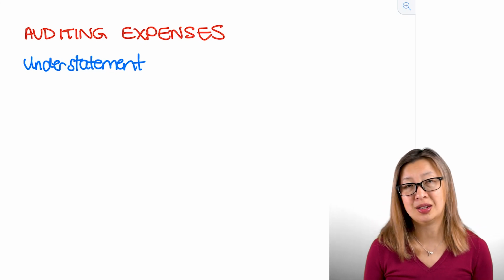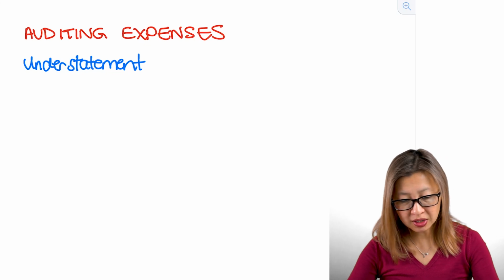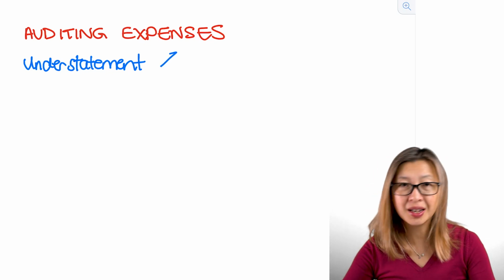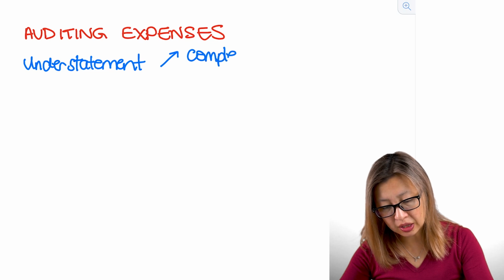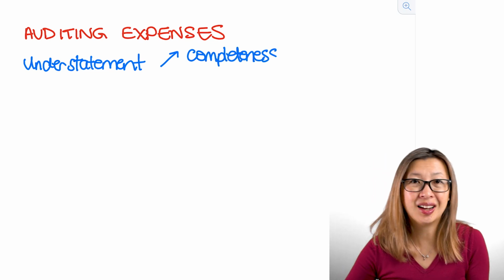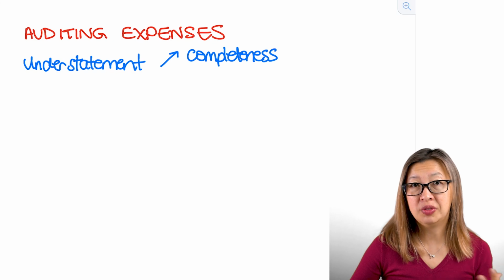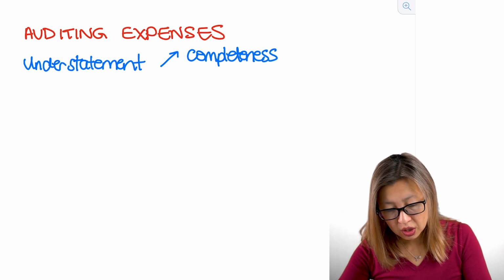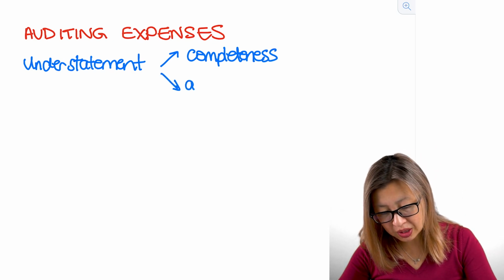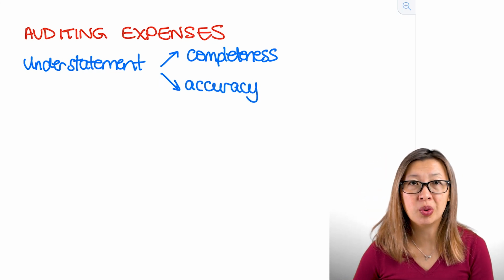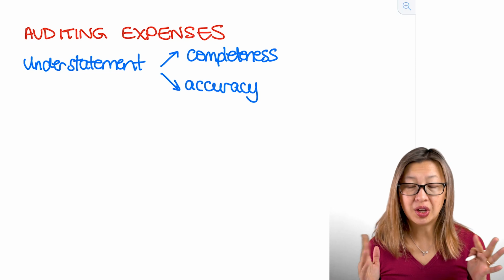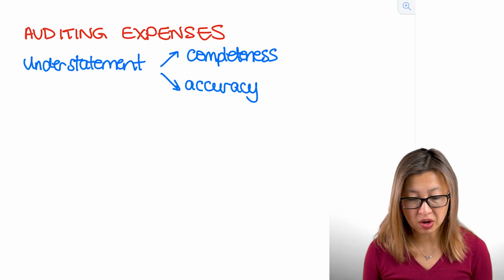Overstate revenues, understate expenses. So in terms of that understatement, that could be done in a couple of different ways. That could be by manipulating completeness, by not actually reporting all of the expenses that come about, or it could be by manipulating the accuracy of the transaction, so by underreporting the amount for each transaction as it's being recorded.